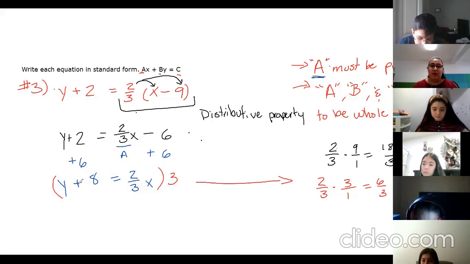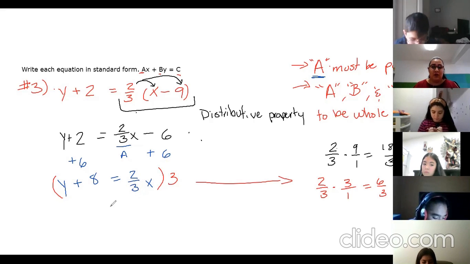We cannot have any fractions in any of our coefficients, so we had to multiply here times 3 instead of times 3/2. Because if we multiply times 3/2, we would still have a coefficient. So we just multiplied times the denominator.